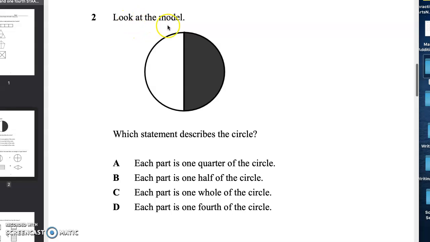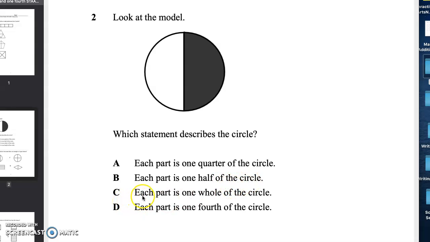Look at the model. Which statement describes the circle? A. Each part is 1/4 of the circle. Remember, 1/4 is 1/4. B. Each part is 1/2 of the circle.